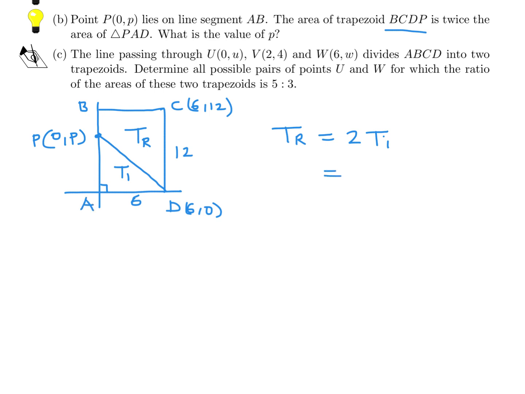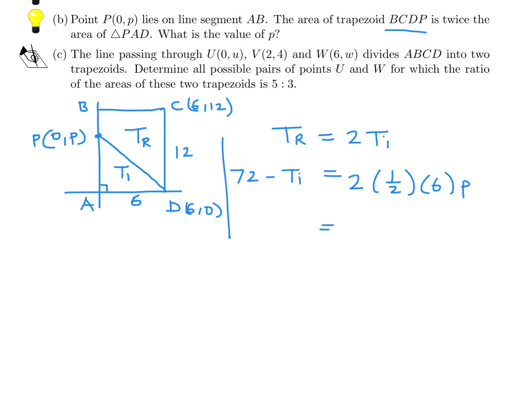Okay, so the area of the triangle is 1/2 base times height, so the base is 6 and the height is P. And the area of the trapezoid would just be 72 minus that, right? 72 because it's 6 times 12. What is 6 times 12? Yeah, 72, if my math is correct. So 72 minus the triangle.